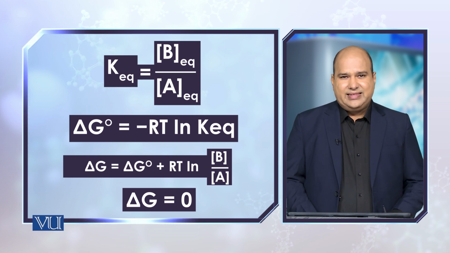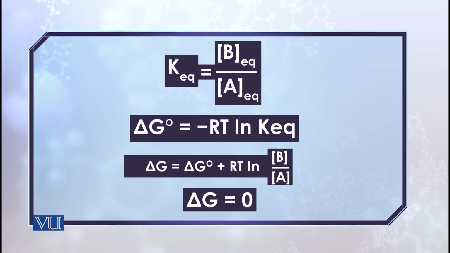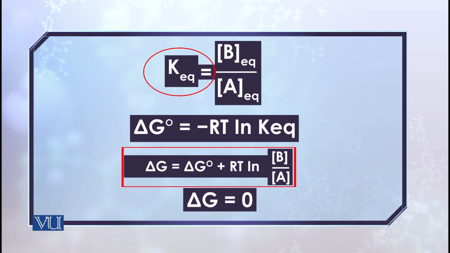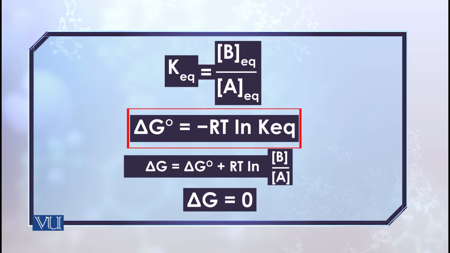So, taking these things into consideration, taking the value of K equilibrium into this context, and keeping in mind that delta G is equal to 0 at equilibrium concentrations, the expression for the standard free energy will be this one, delta G naught equals minus RT ln K equilibrium, and this is a very important expression.